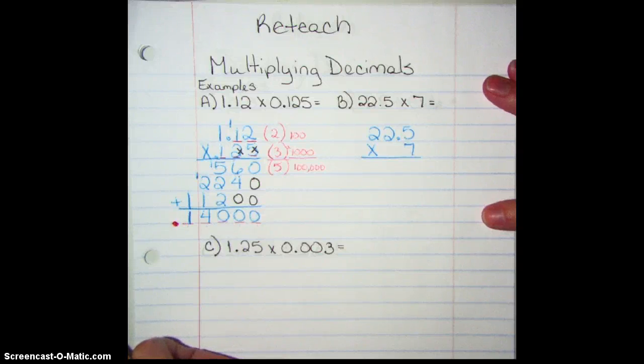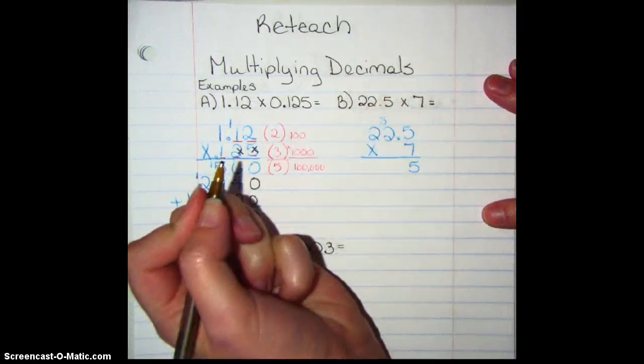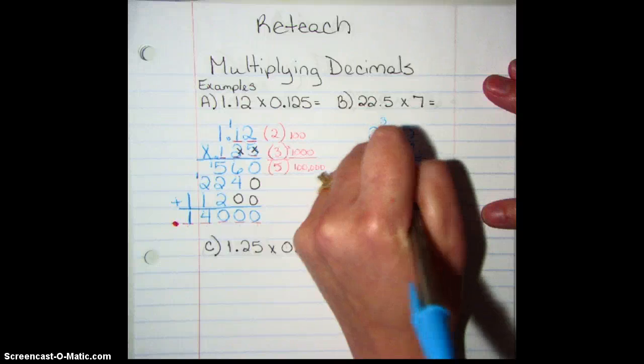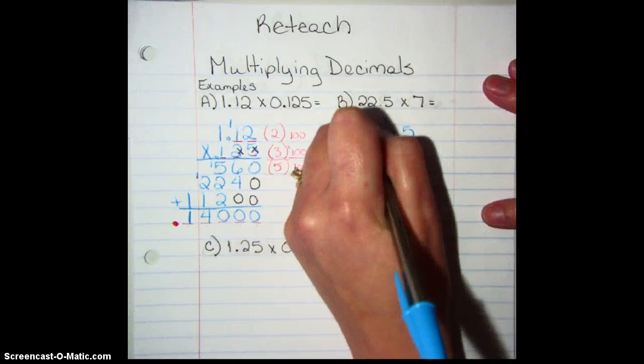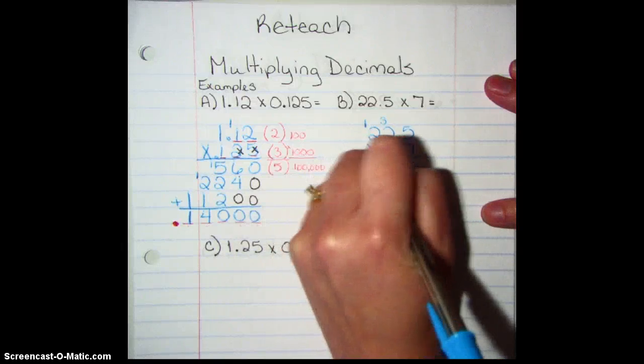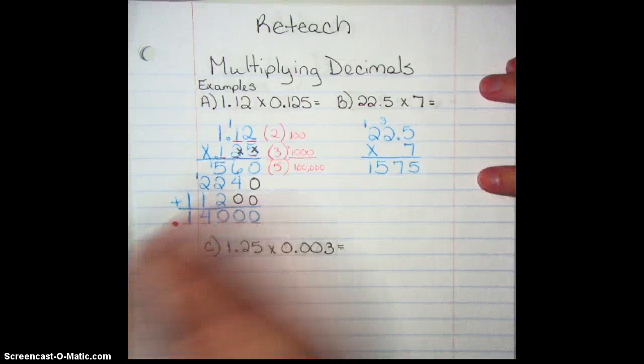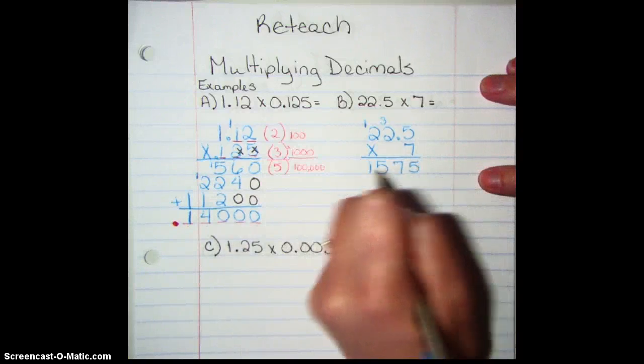I just lined up the numbers, and now I'm going to multiply it out just like I normally would. 7 times 5 is 35, carry the 3. 7 times 2 is 14, plus 3 is 17, carry the 1. 7 times 2 is 14, plus 1 is 15. Because I only had one number to multiply by, I know I'm done multiplying.